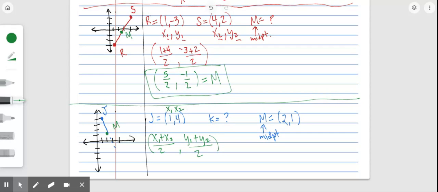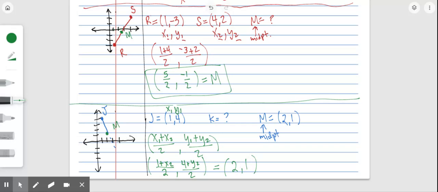So then I've got 1 plus an unknown x2 divided by 2, comma, oh, sorry, this should be a y1. I apologize. That's on me. y1. 4 plus y2 divided by 2. Okay? And this has to equal the coordinate 2, 1.